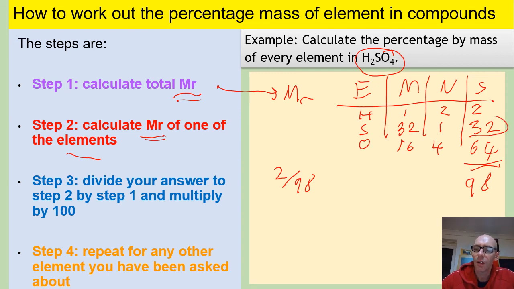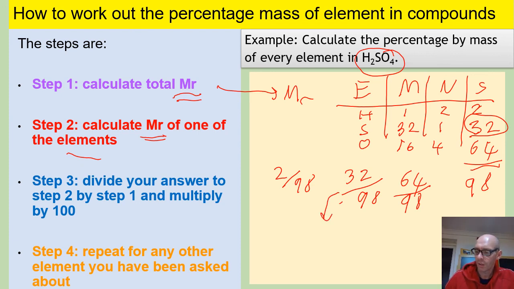If I've got 32 out of 98, that is the sulfur. And if I've got 64 out of 98, that's my oxygens. So all I have to do then is convert them into percentages. So, for example, let's just do one of them for you. You can work out the others yourself.